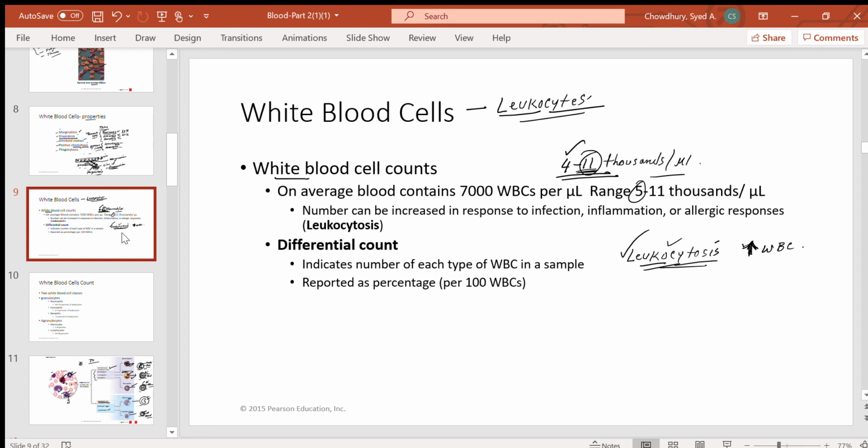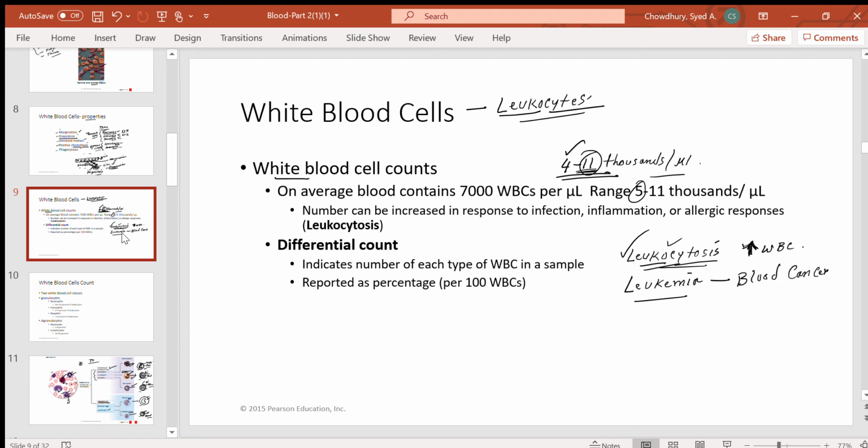But a serious clinical or abnormal condition of white blood cells is called leukemia. You probably heard about this. It is also commonly known as blood cancer.